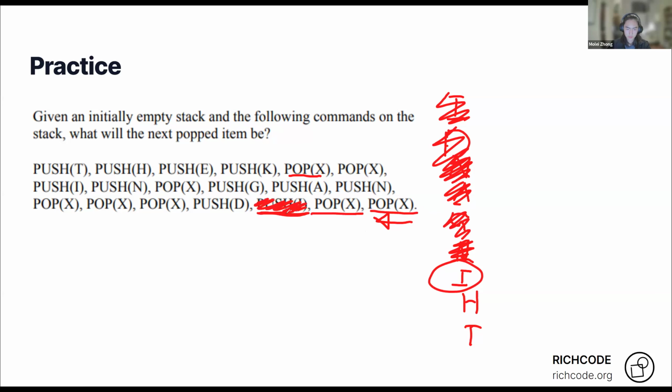And then we have a pop here. So this push doesn't exist basically. And these three pops together just remove these three pushes. This pop removes this push. And then in the end, we have this push by itself without a pop after it. So that means that this push will be the topmost letter remaining after everything else.